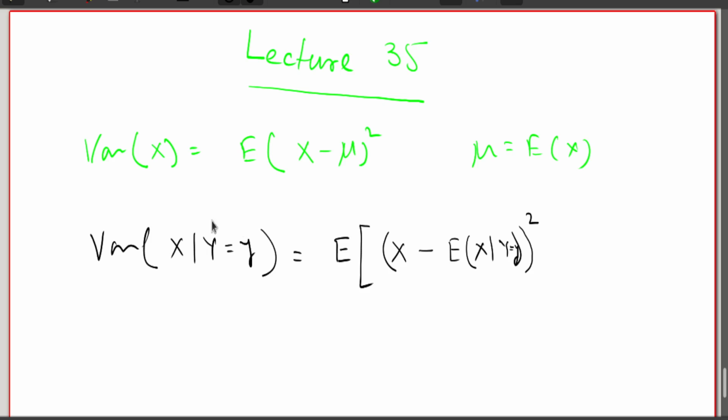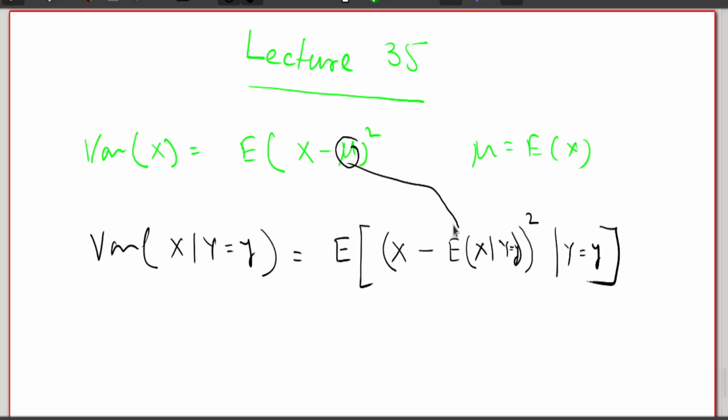Now this is a conditional expectation, so this expectation is also with respect to the conditional distribution. Since I am computing the variance with respect to the conditional distribution, the conditional expectation needs to be used here.